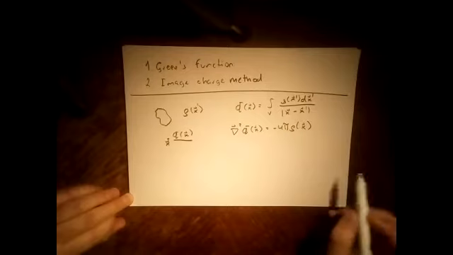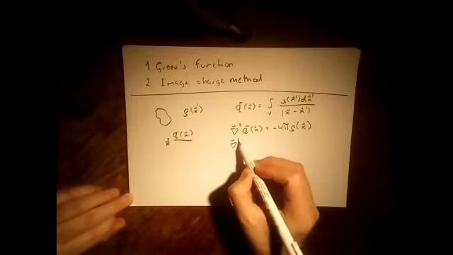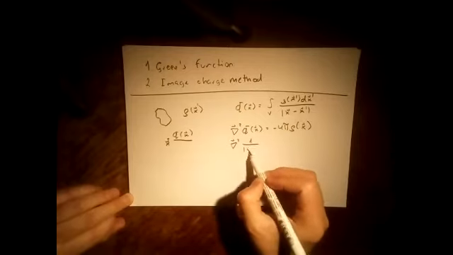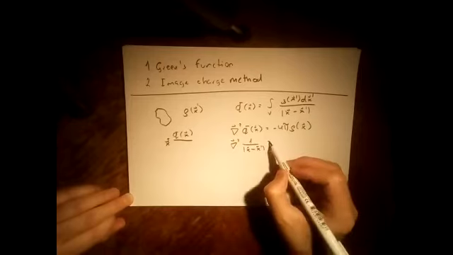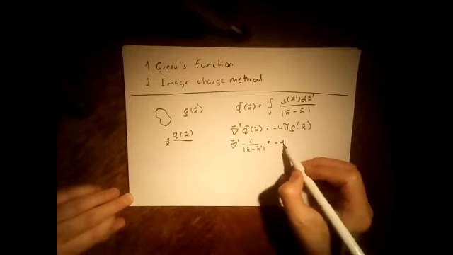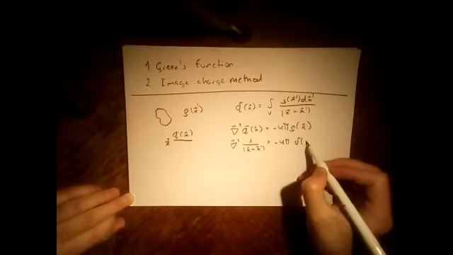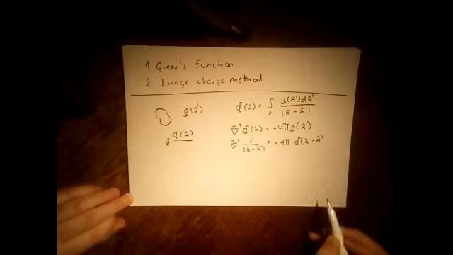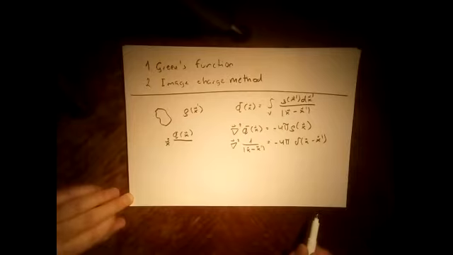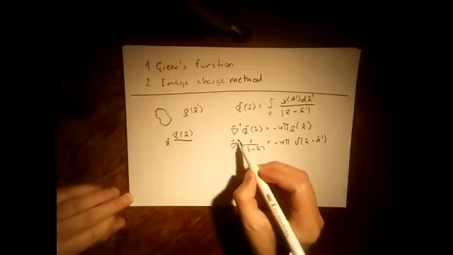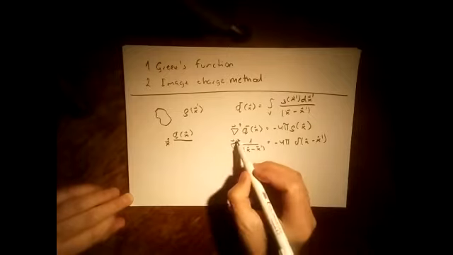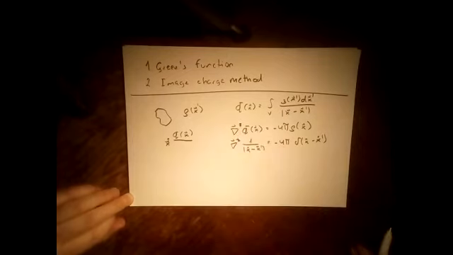And also we know that the Laplacian of 1 over the magnitude of x minus x prime is equal to minus 4 pi delta of x minus x prime. This is standard information, the setup of this discussion. Let me make these 2's clearer. That's the Laplacian, so that's a 2.